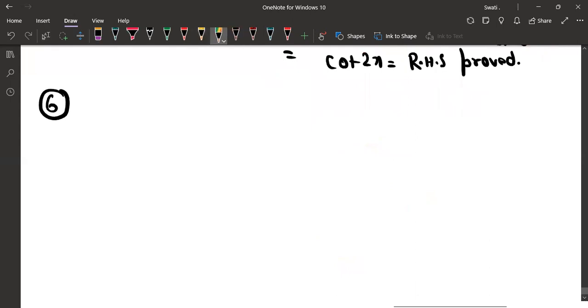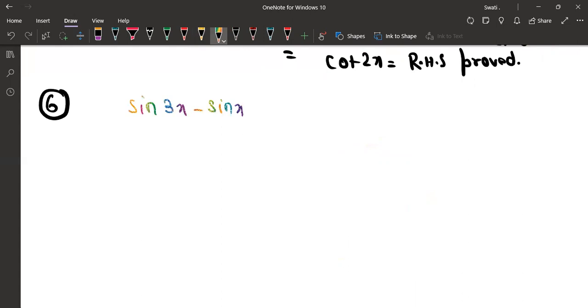So we have to prove that sine 3x minus sine x upon cos 2x, that will be equal to 2 sine x. Okay, so we have to prove this. So to prove this, what we will do is we will of course start from the LHS, the left hand side. So you can see that we are having the form sine c minus sine d on the top.